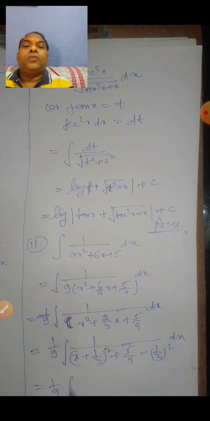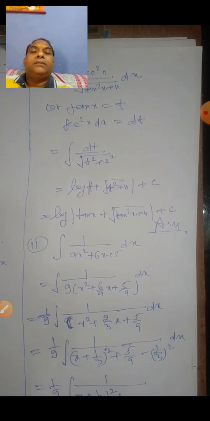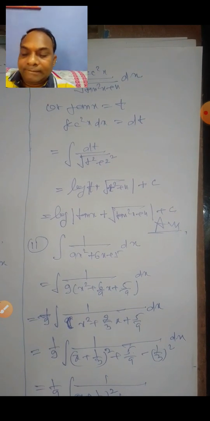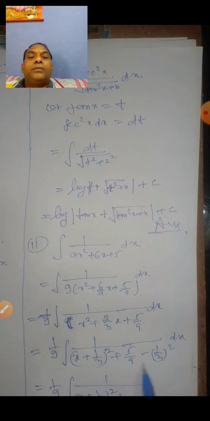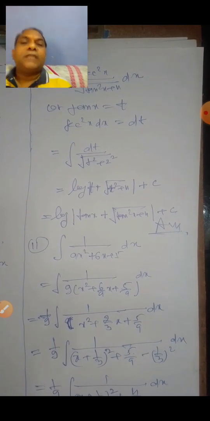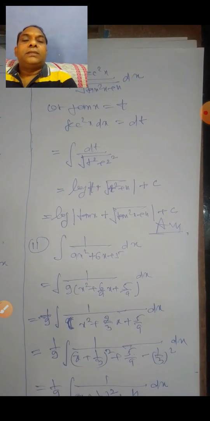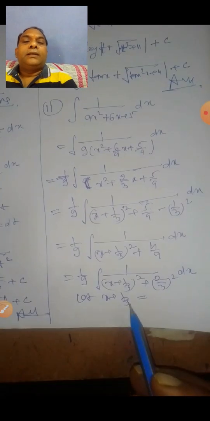This will be equal to 1 upon 9 integration 1 upon x plus 1 by 3 whole square plus 5 by 9 minus 1 by 9 will be equal to 4 by 9. So let x plus 1 by 3 is equal to t.